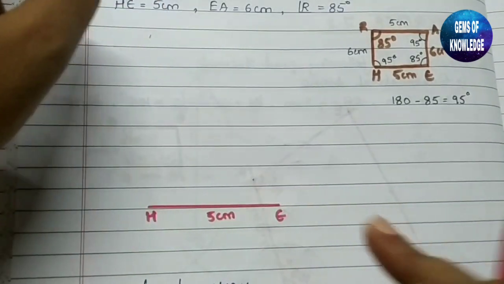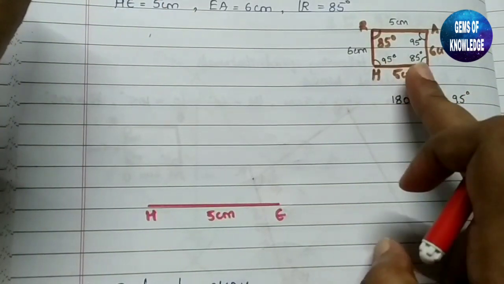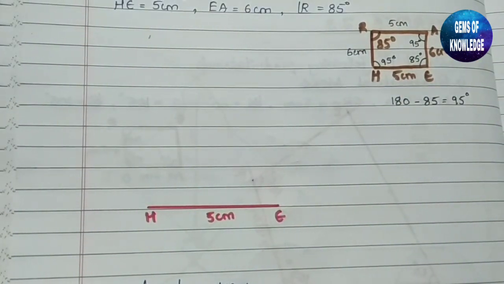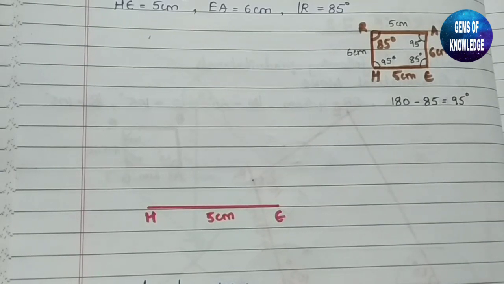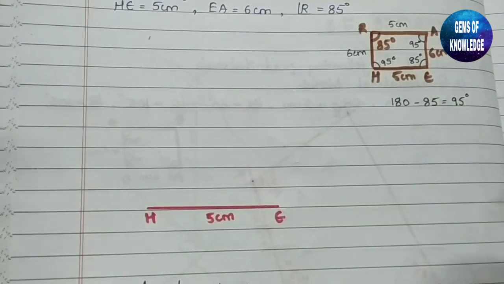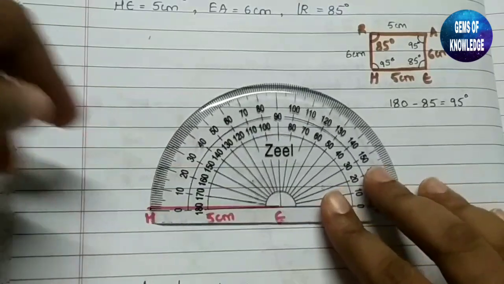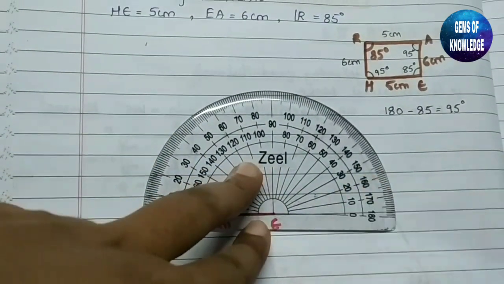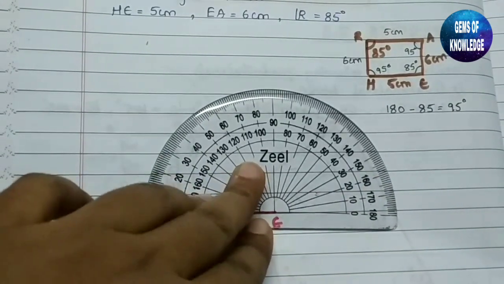Then we need to draw 95 degree here, and one more we need to draw here 85 degree, which is not possible with the compass. Till now, according to the construction part, it is not possible. So we need to draw 85 degree as well as 95 degree. Let us draw here.